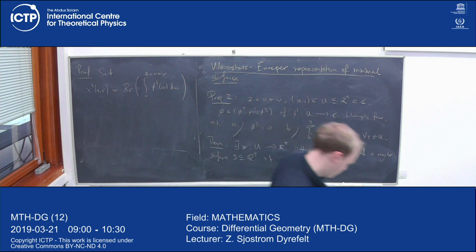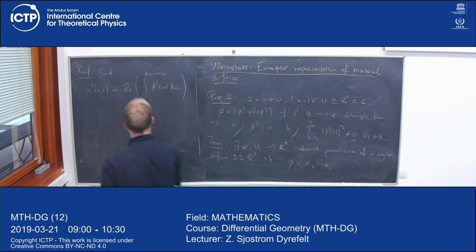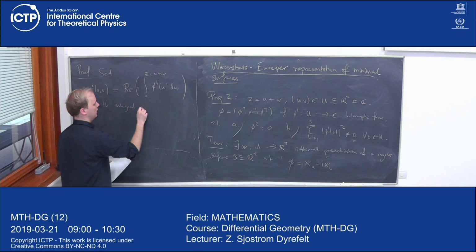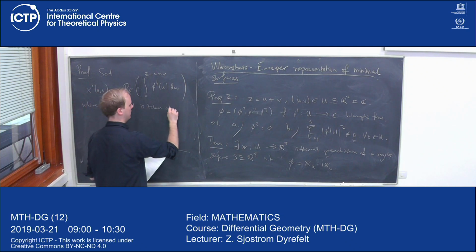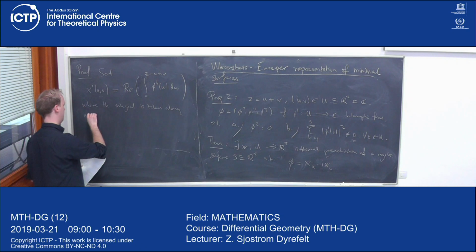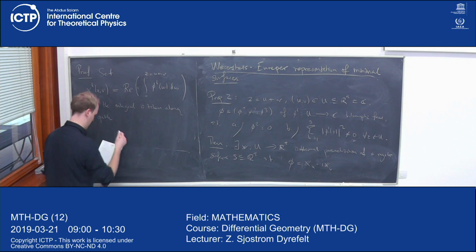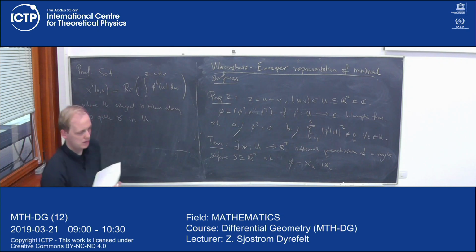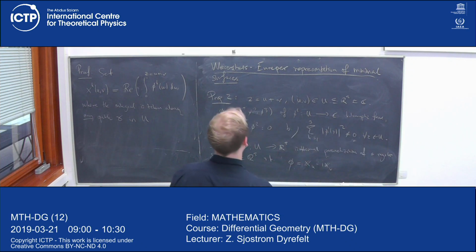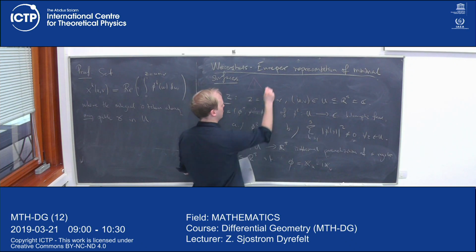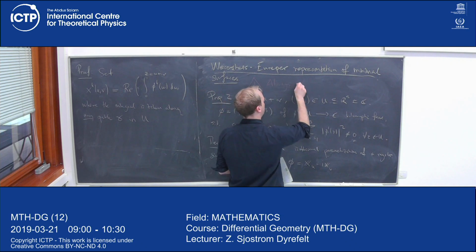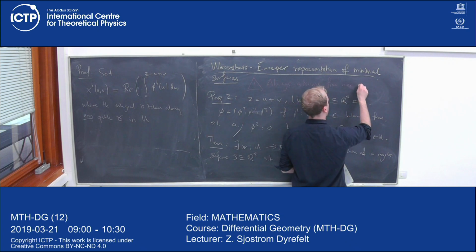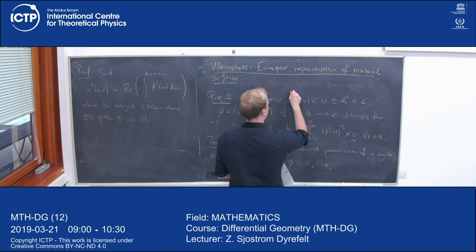So what does this mean? Where the integral means the following: the integral is taken along any path gamma in U. And I forgot to write this here, so, warning: always assume from now on that U is simply connected.